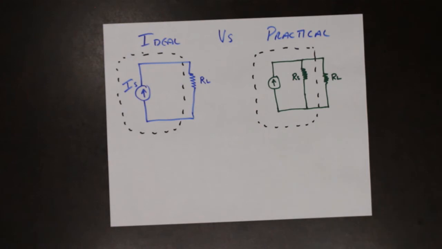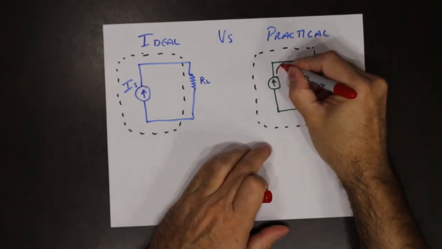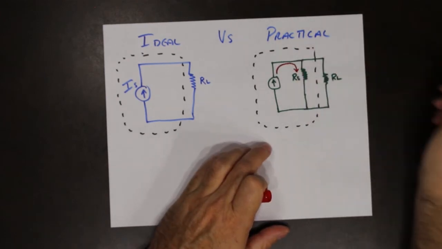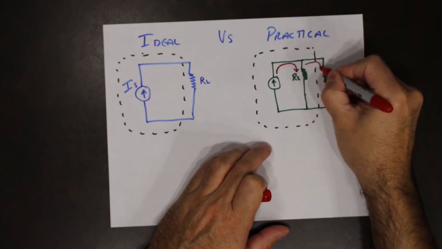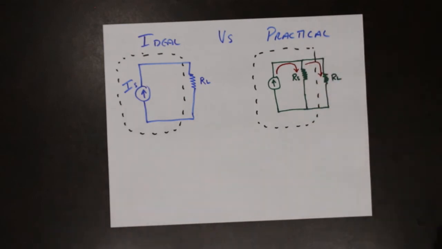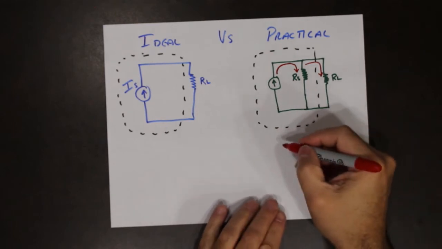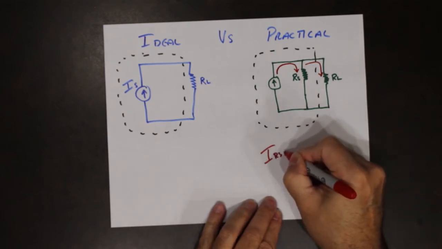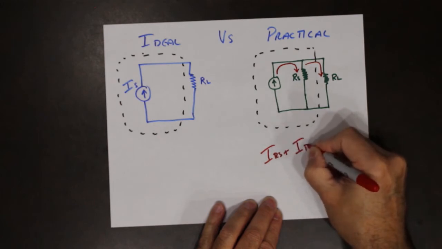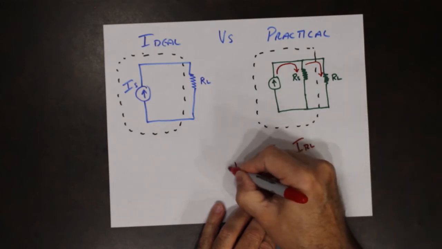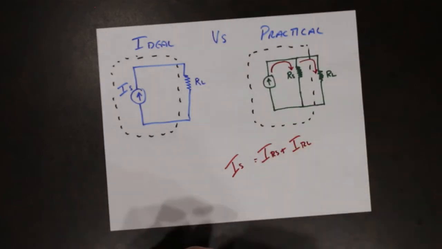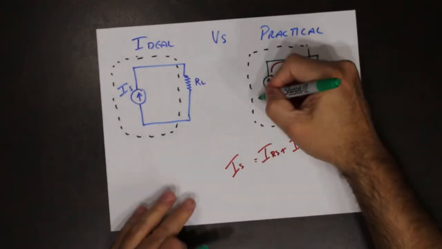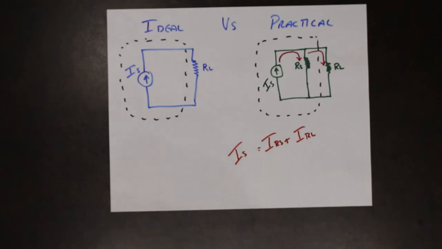So we know from Kirchhoff's current law for parallel circuits that when the current leaves the source, some is going to go down there and some is going to go down there. So that I of RS plus I of RL equals the source current, Is.